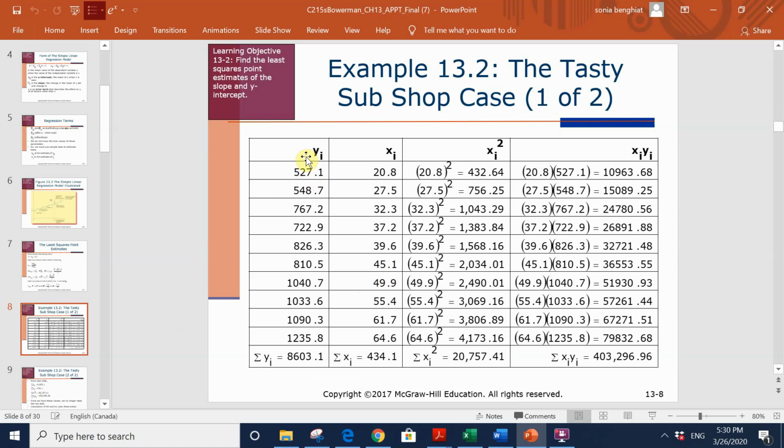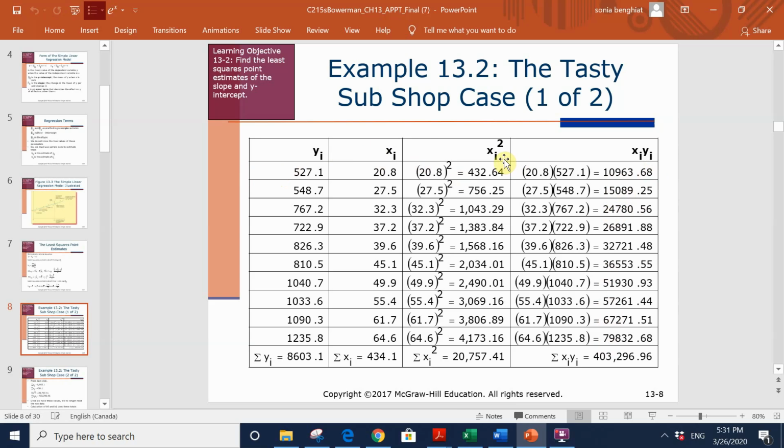You see here you've got your yi's, your xi's. This is the original data for the 10 restaurants, right? And then here I've got this added column of the product of the xi, yi's. So I've got a different product for each row, right? It's always multiplying my xi times my yi.